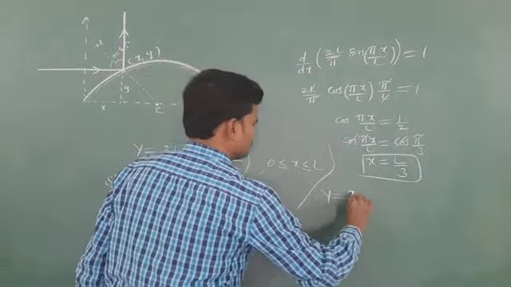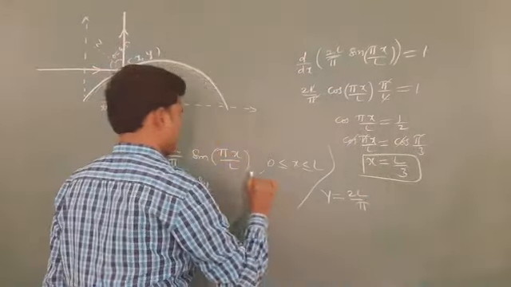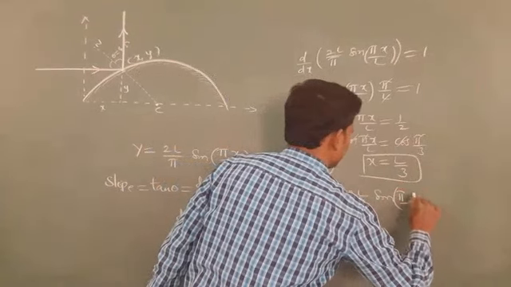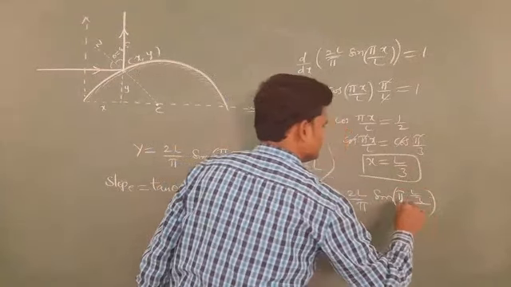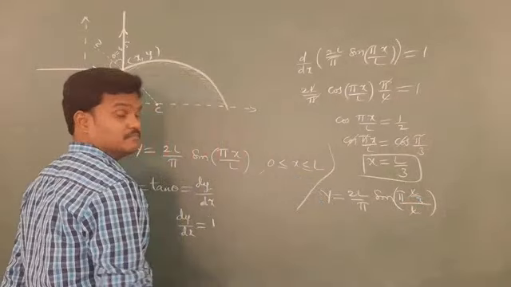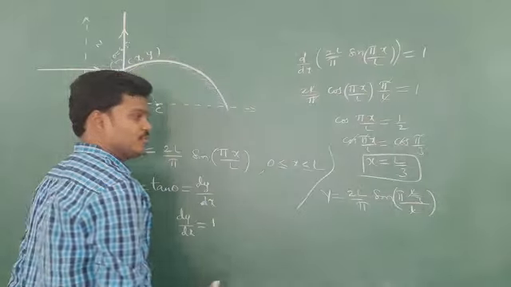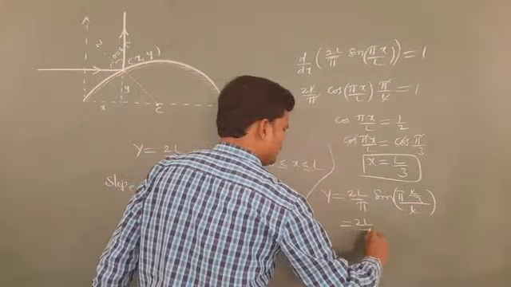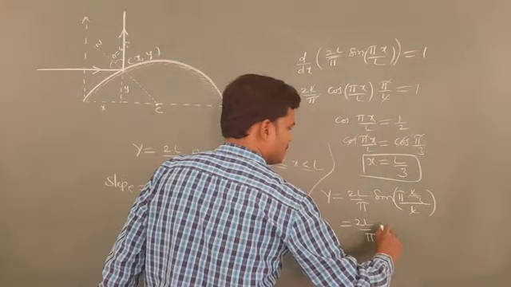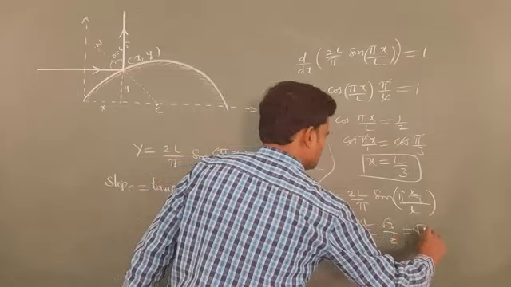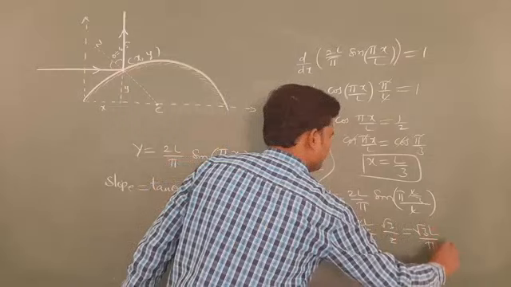So, y is equal to 2L by pi sin of pi by L times x, which is L by 3, L cancelled, sin pi by 3, sin 60 is root 3 by 2. So, 2L by pi times root 3 by 2, now root 3 L by pi.